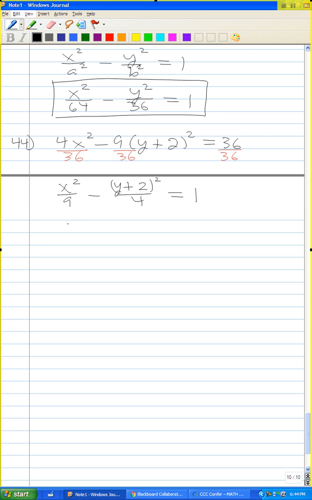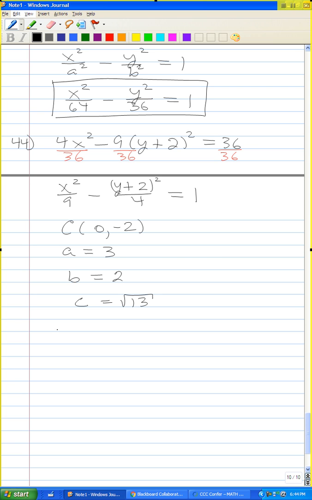Okay, so the center in this case is 0, negative 2. A is 3, B is 2. 9 plus 4 is 13, so C is equal to rad 13.